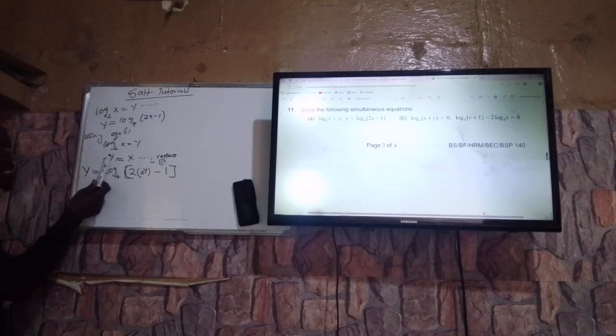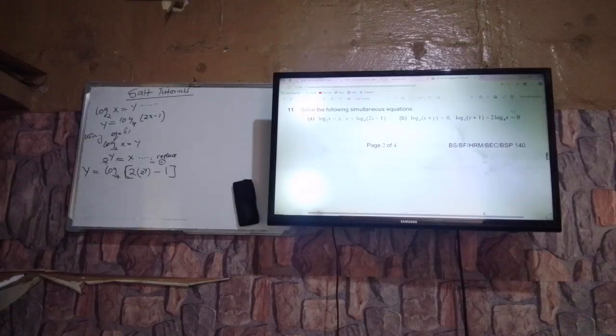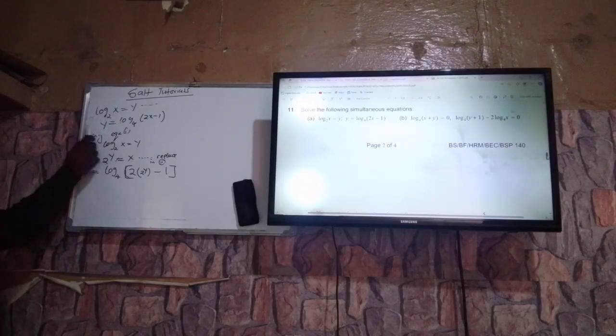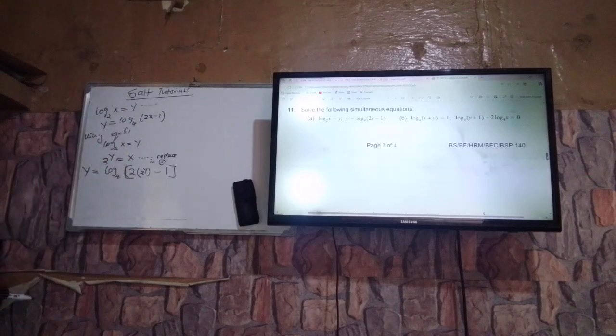So the easiest in this case is making x the subject in the first equation and inserting it in the second equation. There are a lot of ways of killing a rat. Whatever method you use, as long as it's part of the rules of mathematics, you're able to apply it.